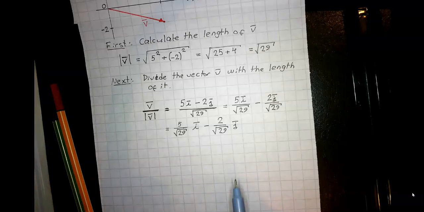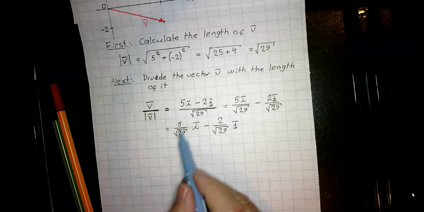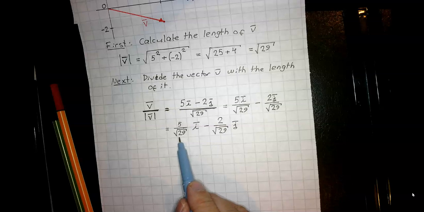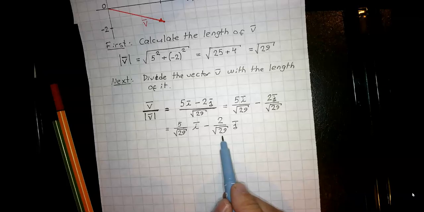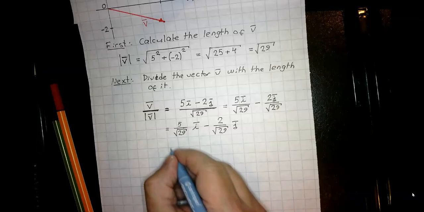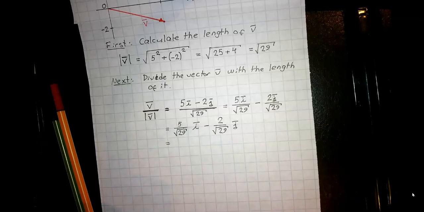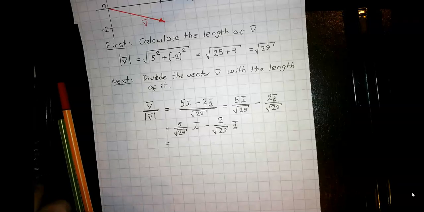And if we now do the division, if we divide this 5 by square root of 29 and 2 by square root of 29, I will write the decimal expression now.